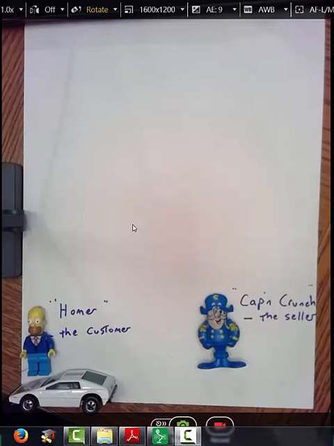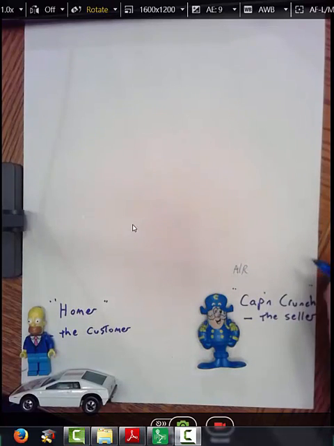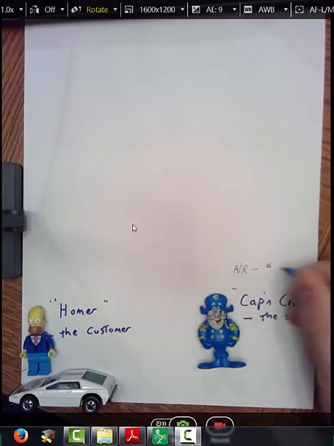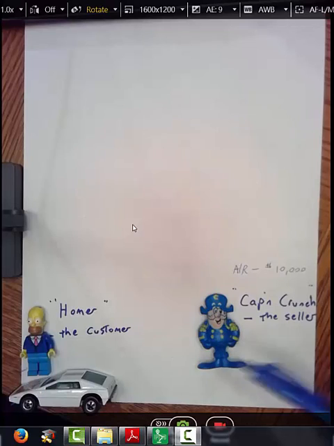Normally what would happen here is Captain Crunch now has an accounts receivable on the books from Homer for $10,000. However, let's say that accounts receivable is not due for 6 months. Let's say they were offering a 6 months no payments sales policy or something. Okay, but Captain Crunch needs the money now.